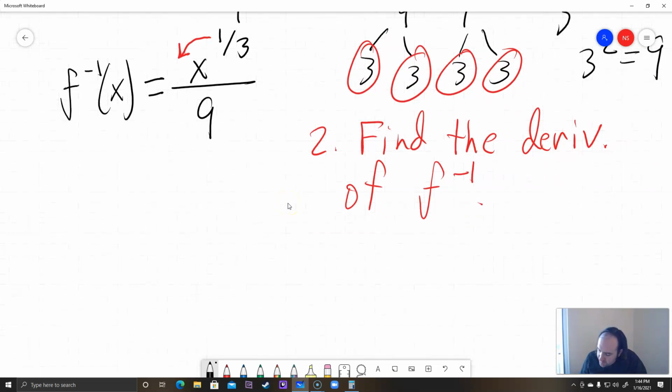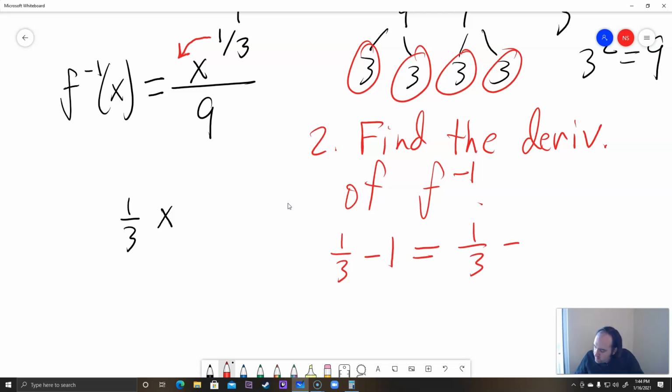So after I bring the exponent out front, I have 1/3 x to the 1/3 minus 1. So what is 1/3 minus 1? 1/3 minus 1 is the same as 1/3 minus 3/3, because remember, you can multiply the 1 by 3 over 3 so that they have the same denominator here.